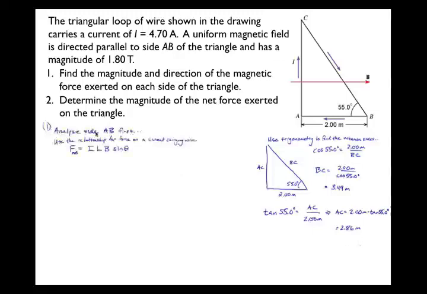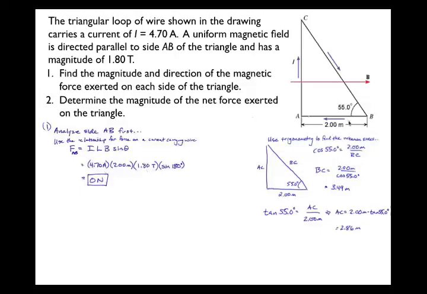Let's start with side AB and go in alphabetical order. The force on a current carrying wire is the magnitude of the current times the length of the wire times the magnitude of the magnetic field times the sine of the angle, and this is the angle between the current flow and the direction of the magnetic field in this particular situation. Well, the current is 4.7 amps.